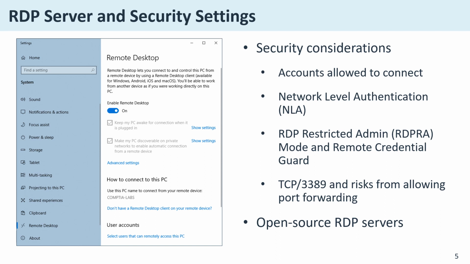There is a Remote Desktop Assistant that we will talk about a little bit later, which is similar but a different functionality. But in any case, just remember that RDP is a very convenient feature, but like anything else, it could pose a vulnerability in your environment.